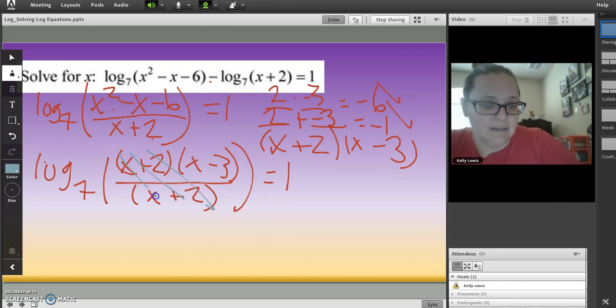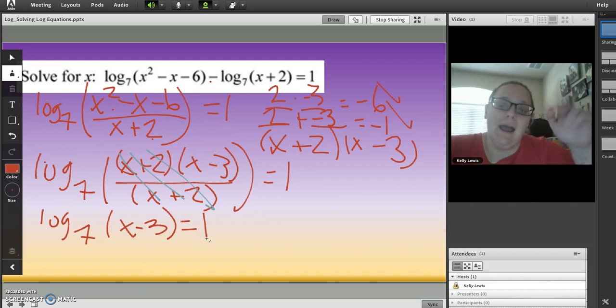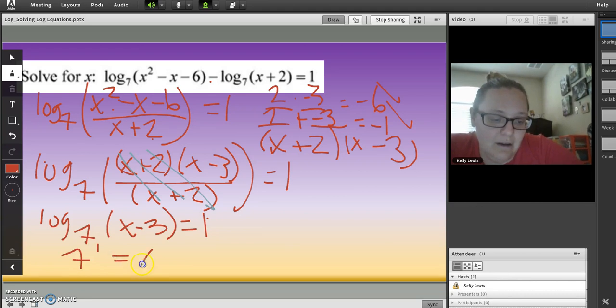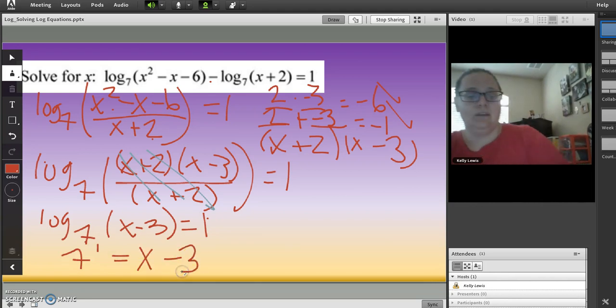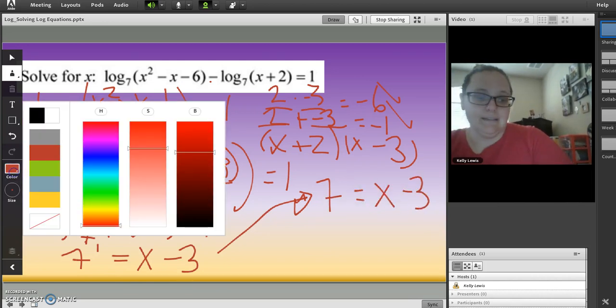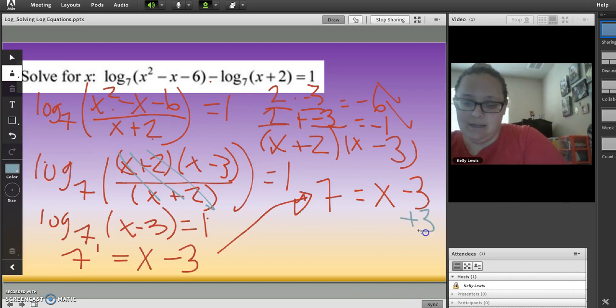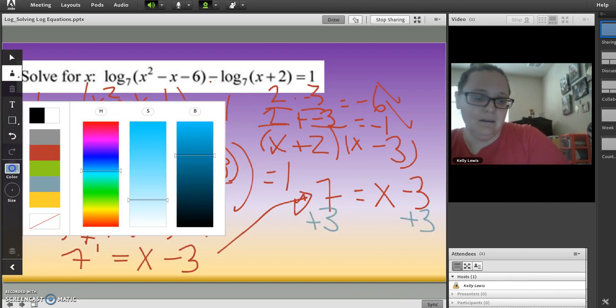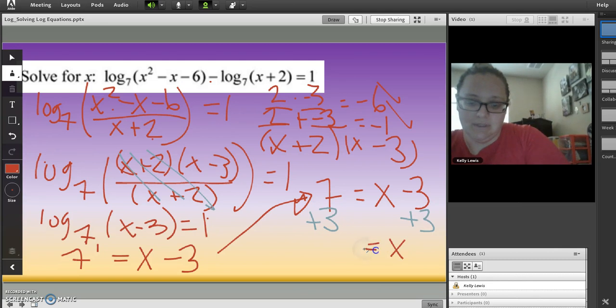And these guys cancel. What I'm left with is log base 7 of x minus 3 equals 1. I need to rewrite it so it's 7 to the first power equals x minus 3. Well, 7 to the first power is 7. I need to get x all by itself, so I'm going to add 3 to both sides. And so I get x equals 10.